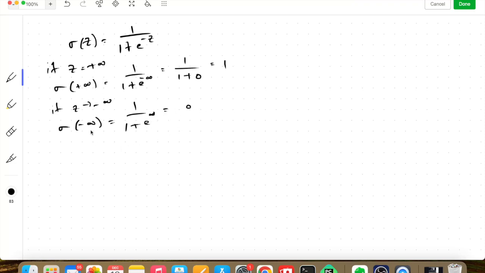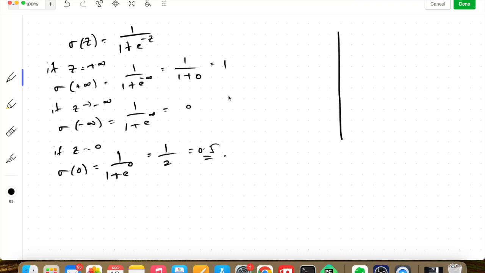So we can see that the value of sigma of z only changes from 0 to 1, even though the actual z value is changing from minus infinity to plus infinity. And if z is equal to 0, then sigma of z will be 1 by 1 plus e power 0, that would be 1 by 2. So if we see the graph of the sigmoid function, basically it would be like this.